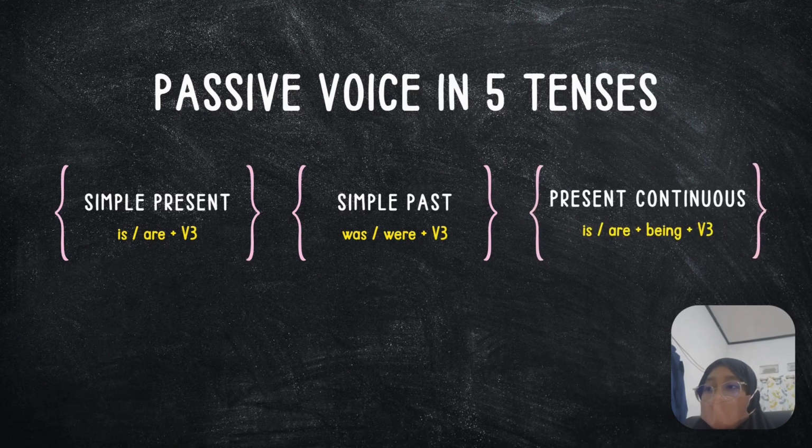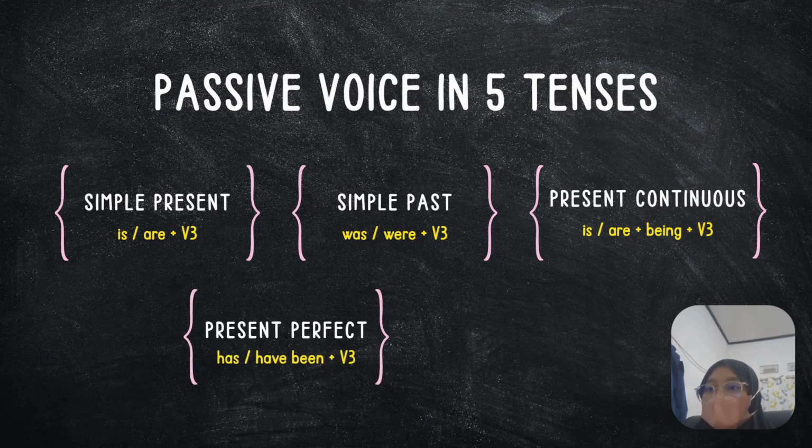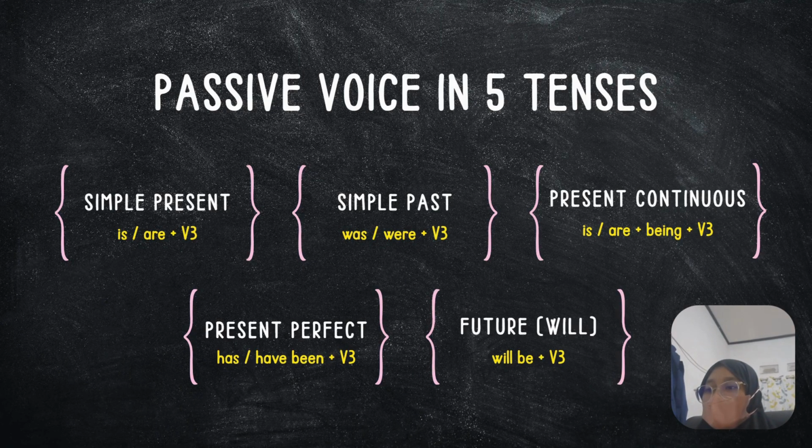Third, present continuous tense. They use is or are plus being plus verb 3. And present perfect. They use has or have been plus verb 3. And then future. They use will be plus verb 3.